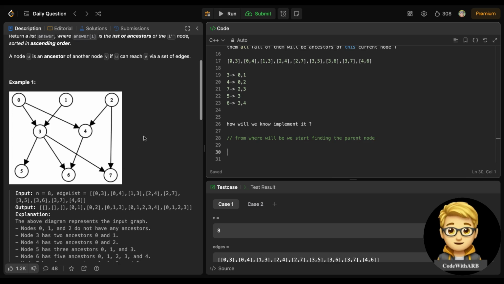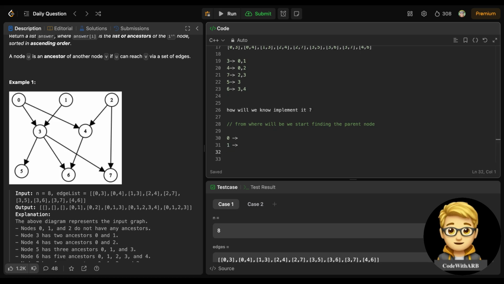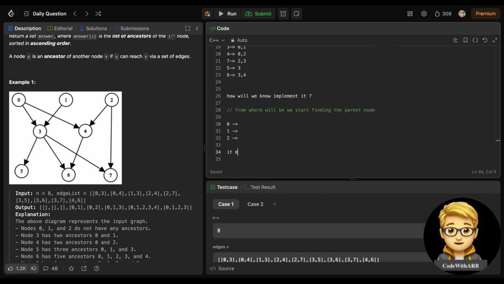So if a node does not have a parent and it has a child, it can be the source, an ancestor to all of the nodes of its children and grandchildren, and so on, for sure.